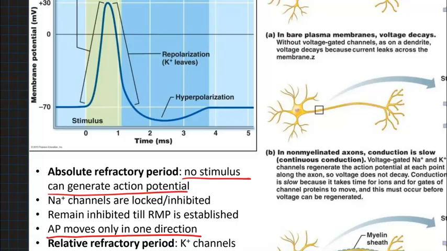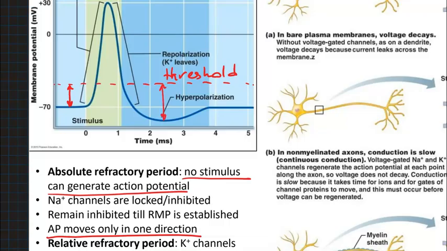Now, another thing that I want to ask you. This red dashed line that I just placed here is the threshold for an action potential to be formed. So would you agree that this is the initial depolarization you need to produce to keep the action potential going?